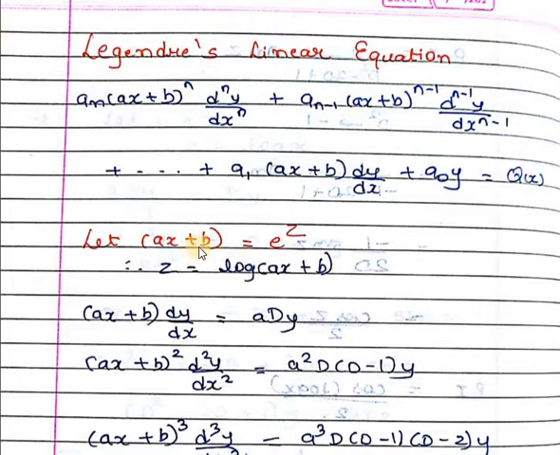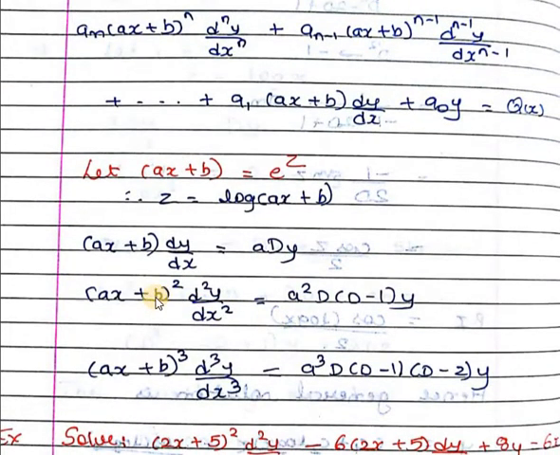If we suppose ax+b = e^z, then (ax+b) dy/dx will be converted into a D y. In the same way, (ax+b)^2 d^2y/dx^2 will be converted into a^2 D(D-1) y, and (ax+b)^3 d^3y/dx^3 will be converted into a^3 D(D-1)(D-2) y.